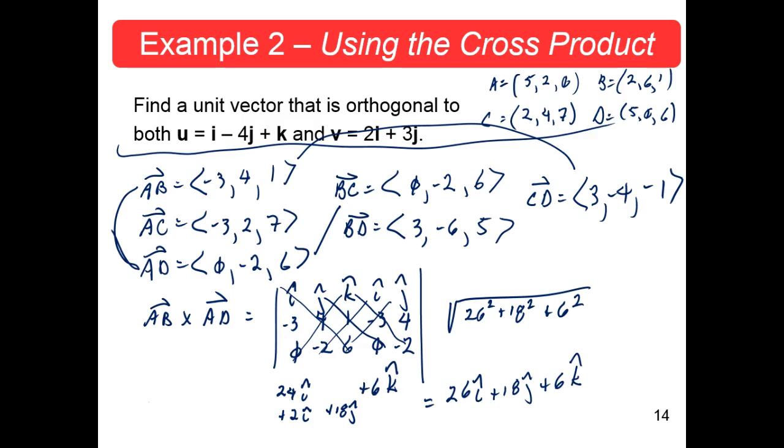It's going to be a pretty good sized number. Could have factored out a 2 out of each one, but that wouldn't have helped you a lot. 26 squared plus 18 squared plus 36, and take the square root of that sum.